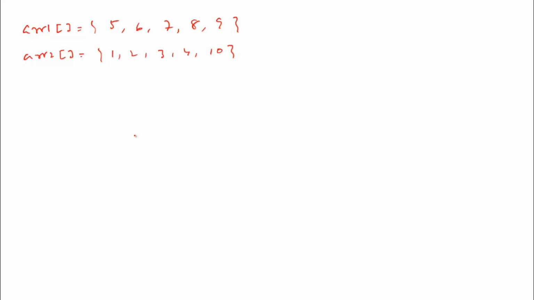So now if I add these values, or merge the two arrays into a single array, say this is array 3 here, what will it look like? It will first add the first array into array 3: 5, 6, 7, 8, 9, and then it will add 1, and then 2, and then 3, and then 4, and then 10.